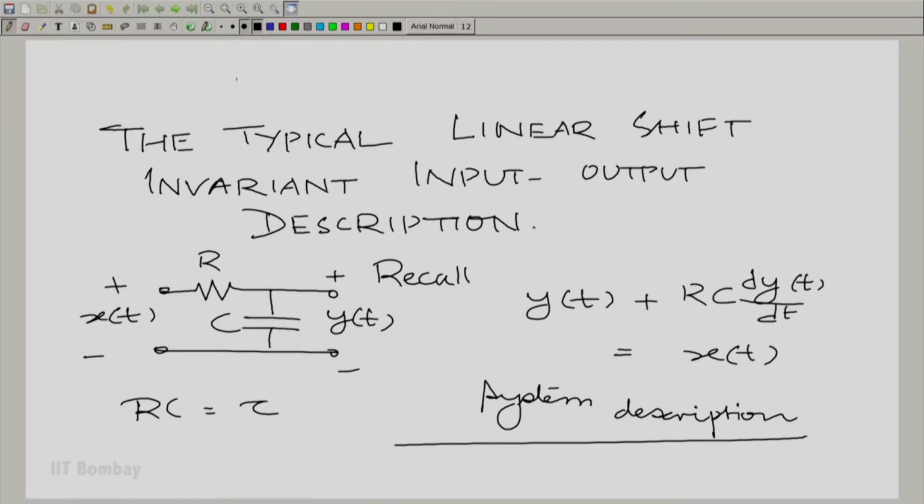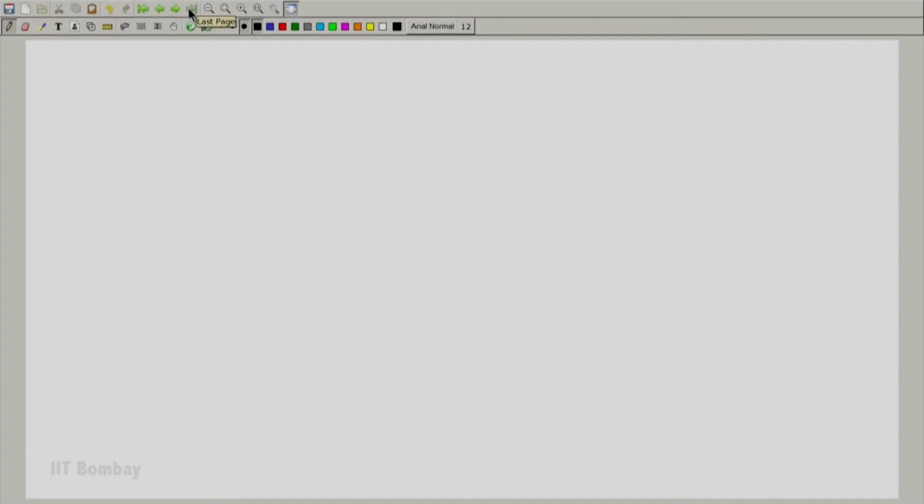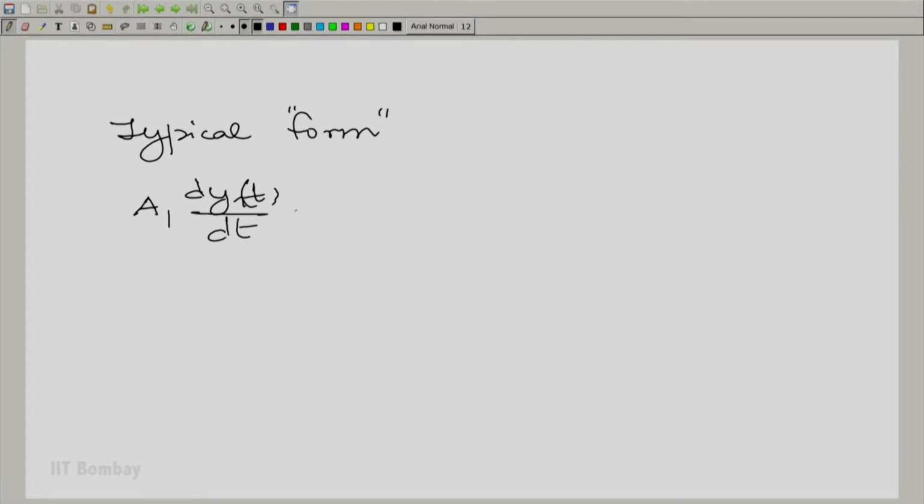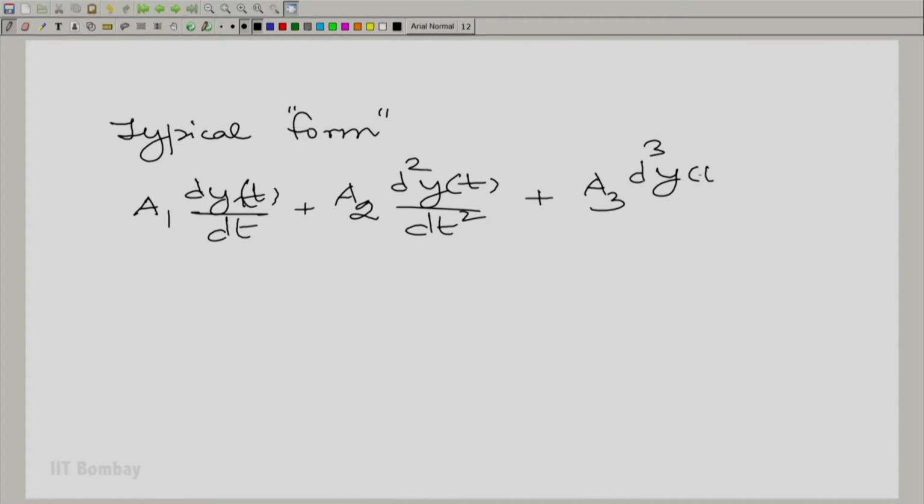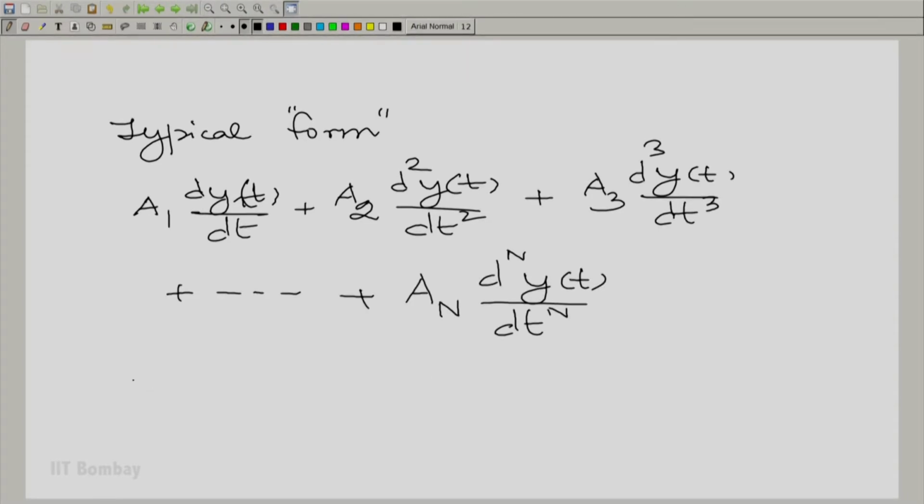Now, what is the typical form that we see here? The typical form is the following. Some, let us call it A1 times dy(t)/dt plus A2 d squared y(t)/dt squared, second derivative, plus the third derivative, and any number that you want, but a finite number, combined with the input and potentially its derivatives.